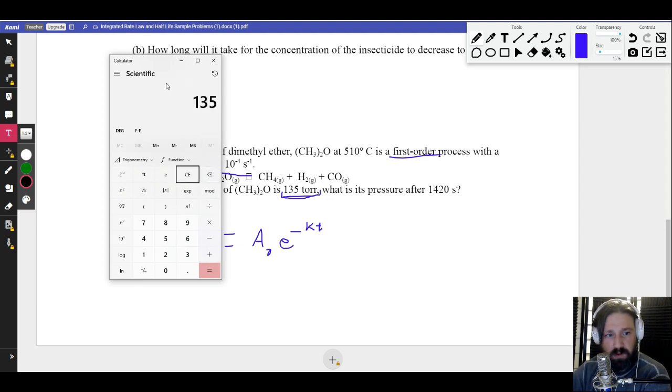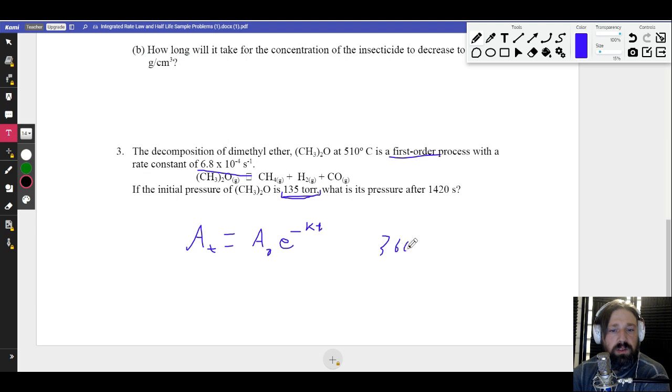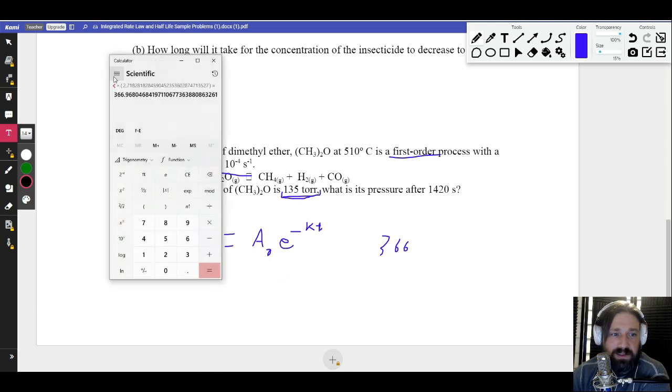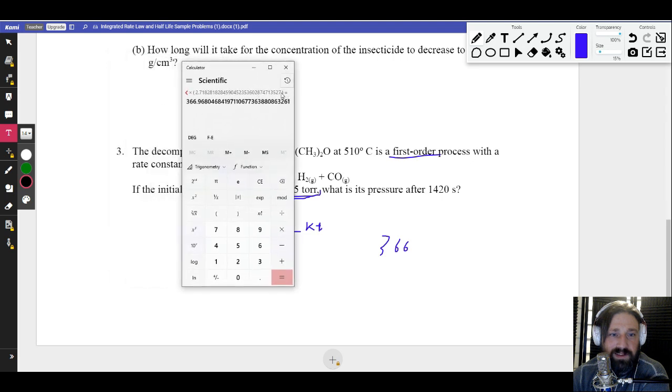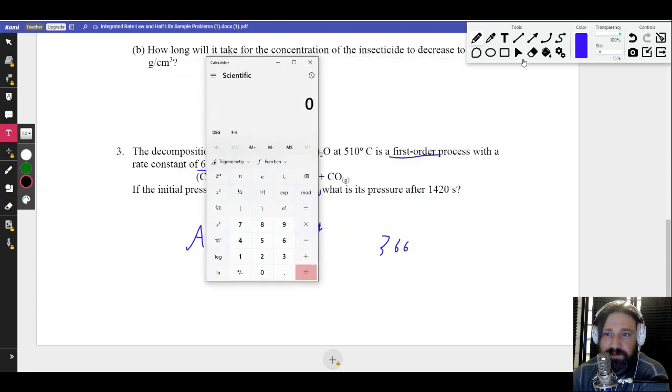So 135 times negative 1.45 e equals 366. Okay. It is not that. I forgot to do one thing. I made a mistake on this one. I made a boo-boo.